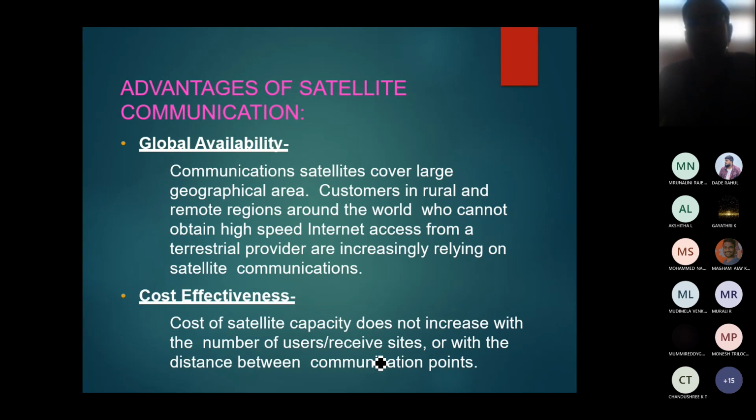Particularly if we talk about geostationary satellites, by using 3 geostationary satellites the whole earth can be covered. Only 3 repeaters can cover the whole earth. So the coverage of those satellites is much higher in comparison to any other repeaters, if we consider mobile repeaters or television repeaters. So these have high coverage.